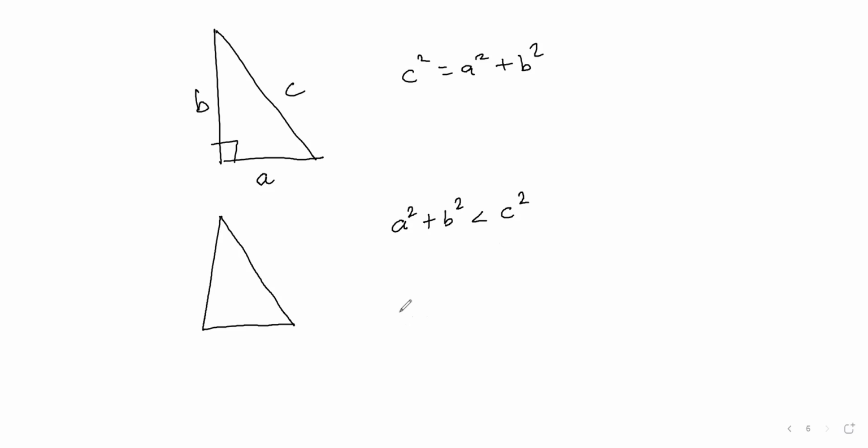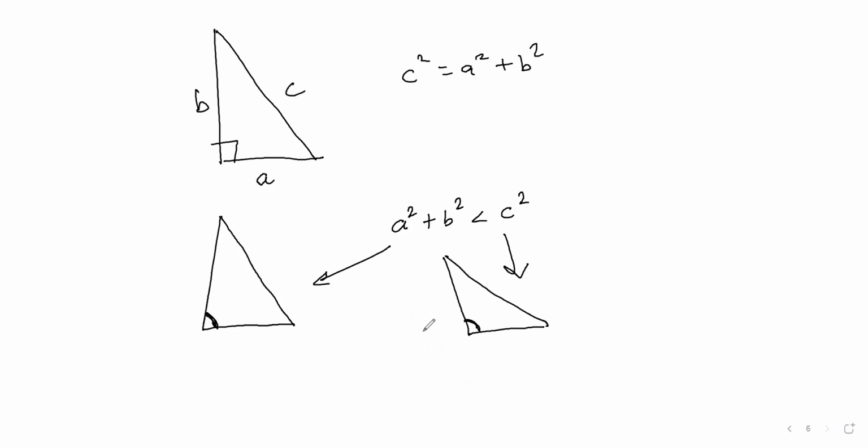What does that indicate? If A square plus B square is lesser than C square, does it indicate an acute angle? For those who do not know, an acute angle is less than 90 degrees. Or does it indicate an obtuse angle? An obtuse angle is greater than 90 degrees. So for which of these is A square plus B square less than C square? All right.